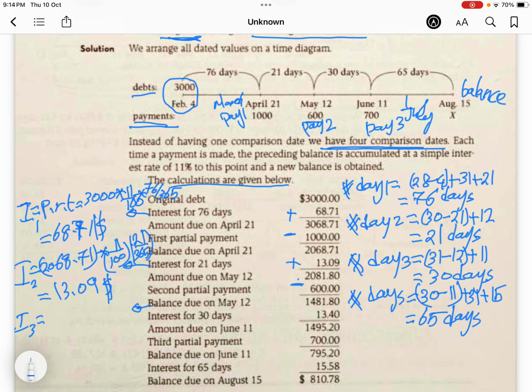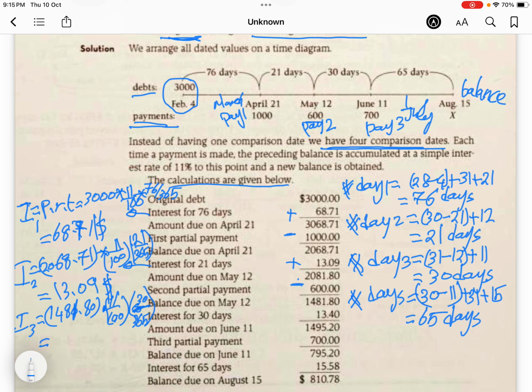We will have 1,481.80 multiplied by 11 over 100, also multiplied by 30 days over 365.